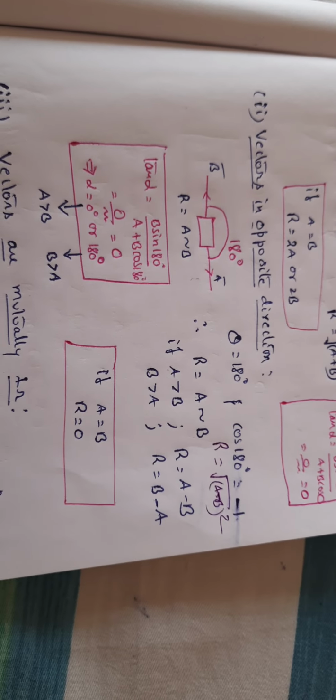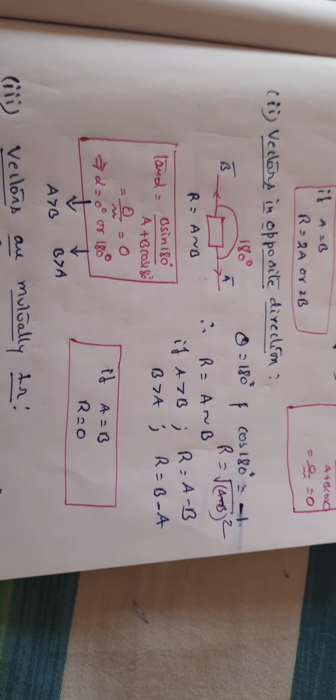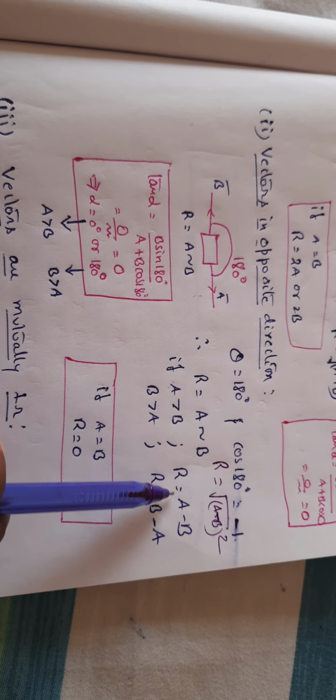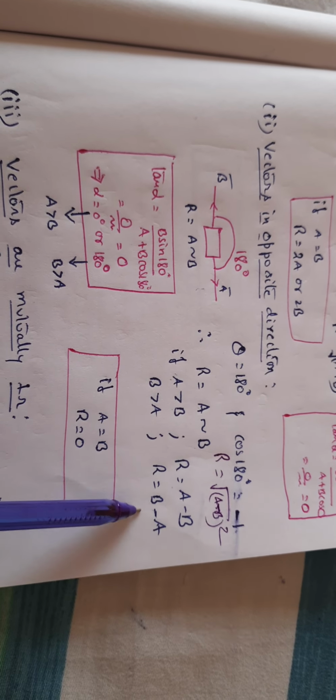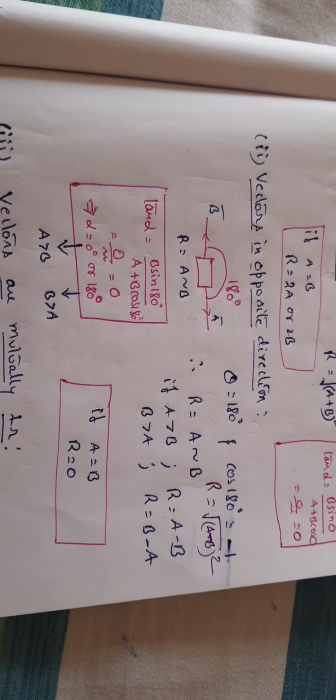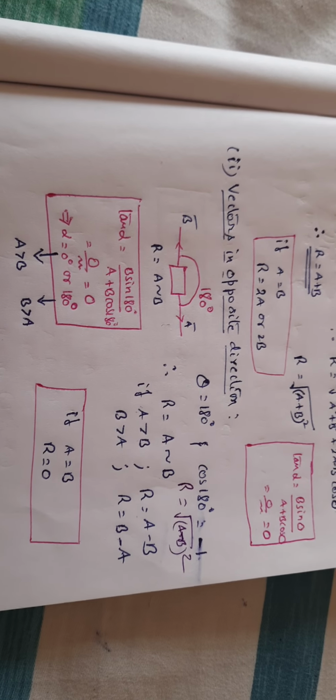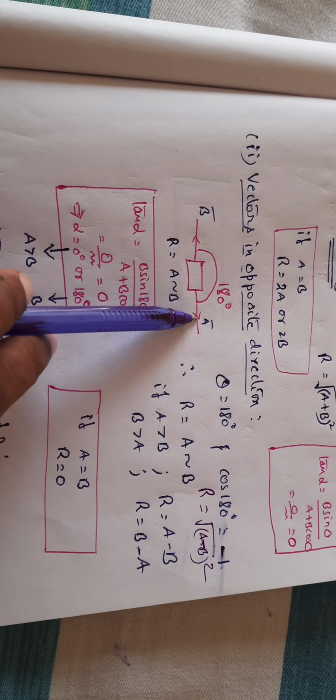Then the resultant is 5 minus 3. It is 2 newtons. Right, and this is when A is greater than B, it is A minus B, or B is greater than A, B minus A, whichever is dominating. In that direction the resultant will be, and thus the angle made by the resultant with the first vector may change here.